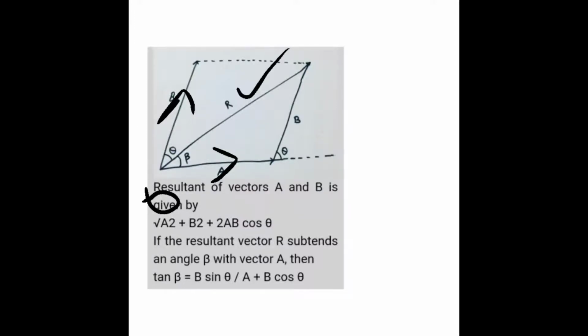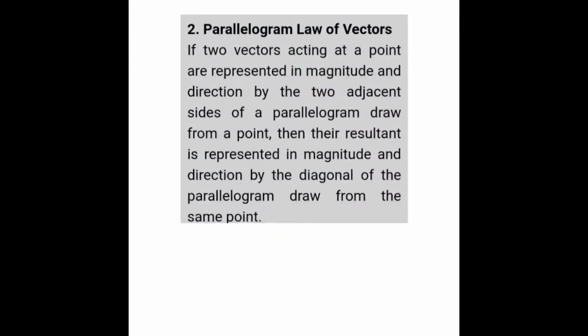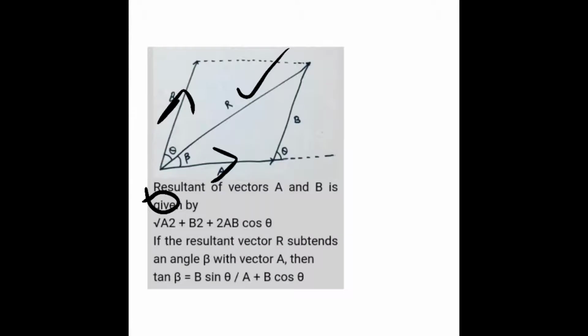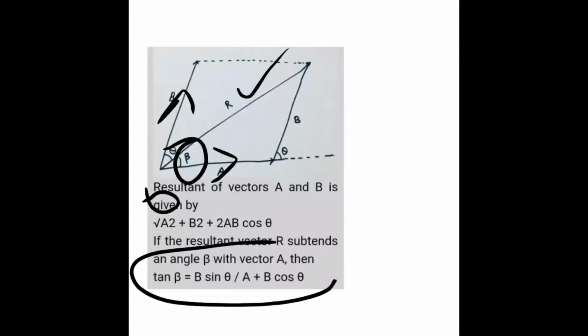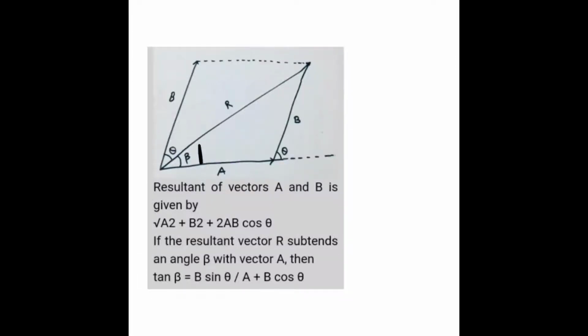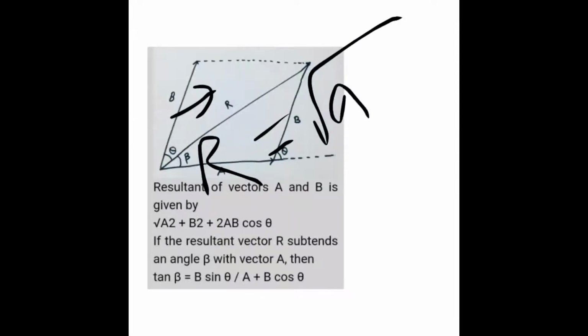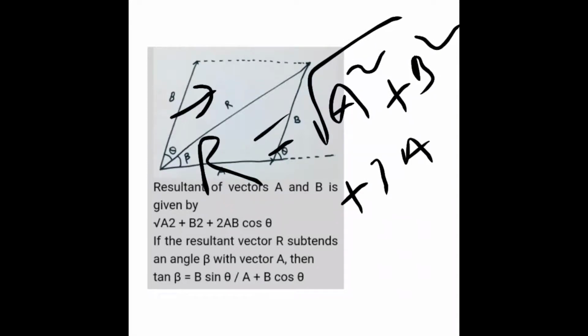Okay, so in this case also, if we need to find the direction of the resultant with one of the vectors, then it is given by tan beta equals B sin theta divided by A plus B cos theta, and its resultant is given by root under A square plus B square plus 2AB cos theta. Okay, so this is the formula here.